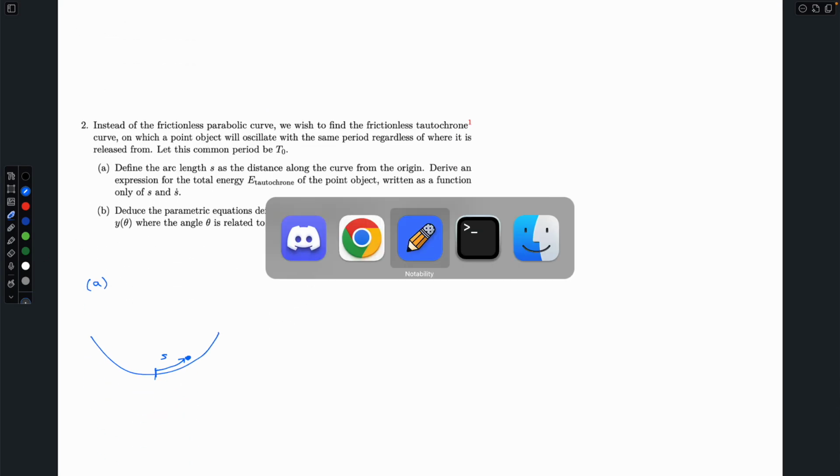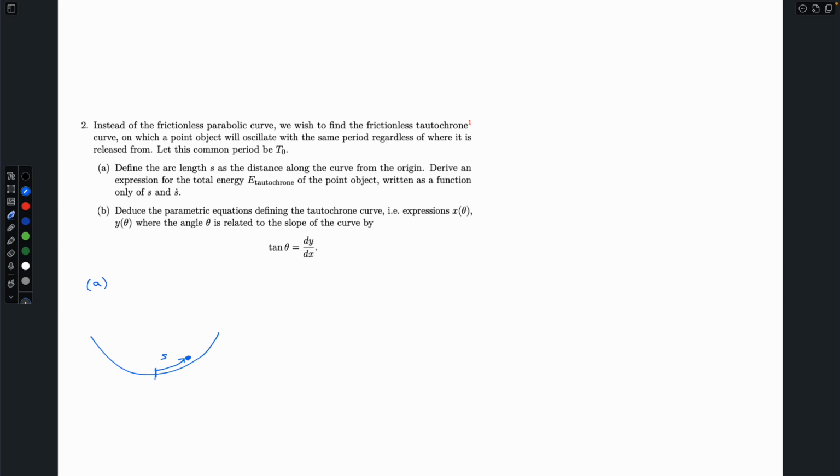So part 2, the way we do it is you first use the fact that you need to derive some simple harmonic thing. So we can simply write, we want the equation of motion to be like this. Okay?